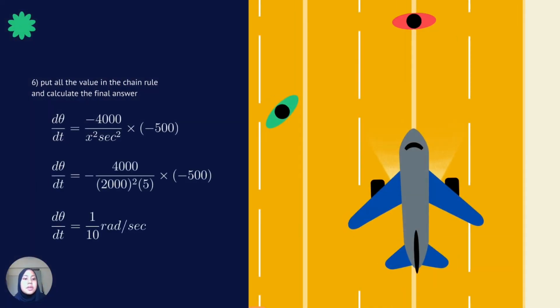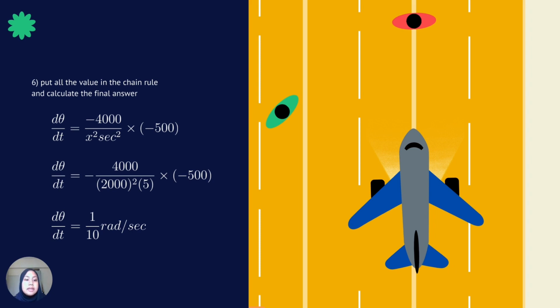So the last step of this problem solving is to put all the values in the chain rule and calculate the final answer. So as stated, we need to find d theta over dt. So the value of d theta over dt is negative 4000 divided by x squared, times secant square theta, and then times negative 500. We have also found the value of secant square theta in the previous slide. So we just need to substitute the value of secant square theta in the formula.